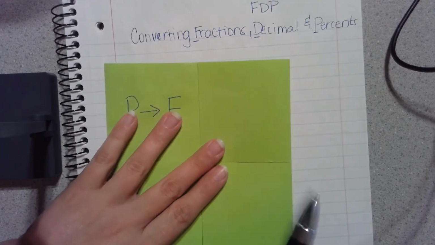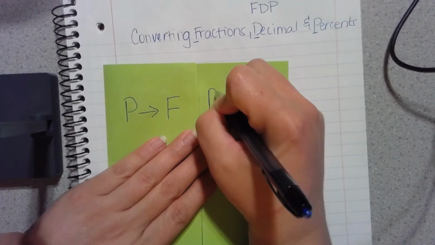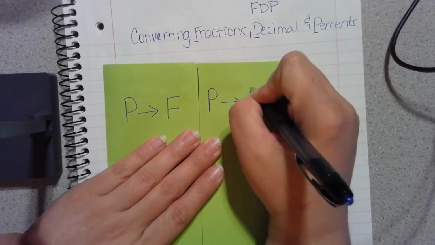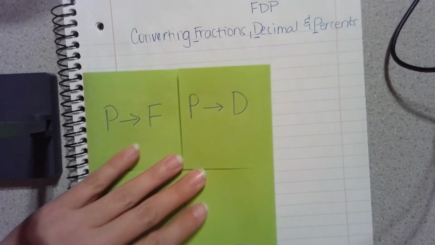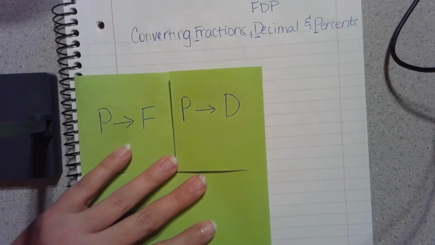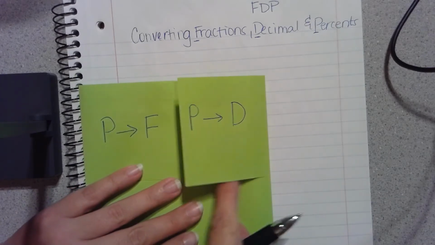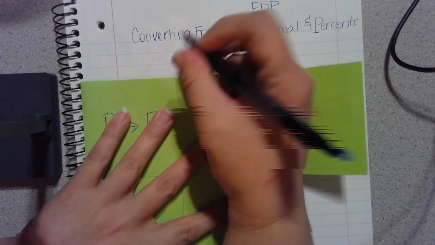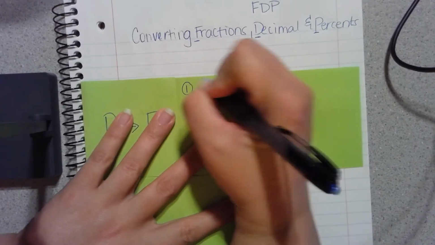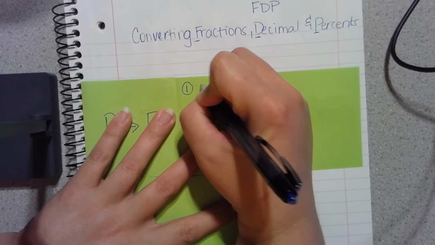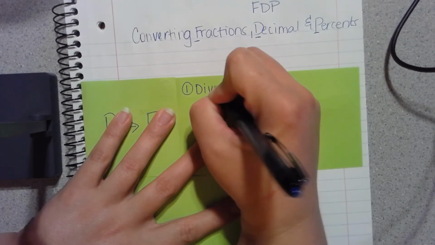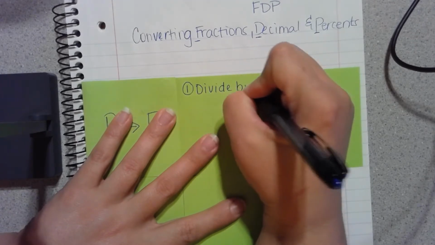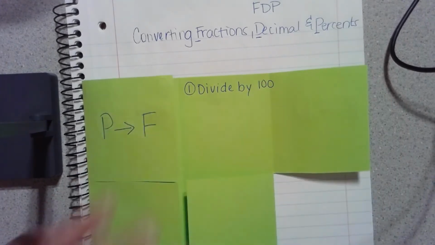All right, so for this side, we want to know, how do we go from a percent to a decimal? This is the one that's actually a little bit easier. Step 1 is divide by 100.